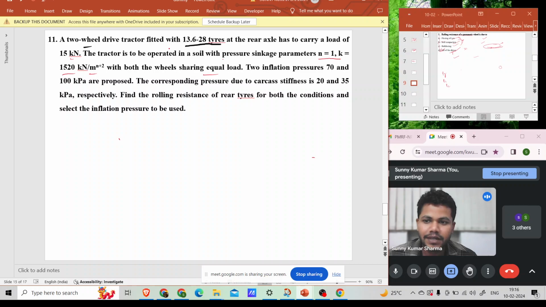Two inflation pressures, 70 and 100 kilopascal, are proposed. The corresponding pressure due to carcass stiffness is 20 and 35. This he will solve. Then Gaurav will understand the doubt he was asking. Find the rolling resistance of the rear wheel for both the conditions, that is, both the inflation pressures.